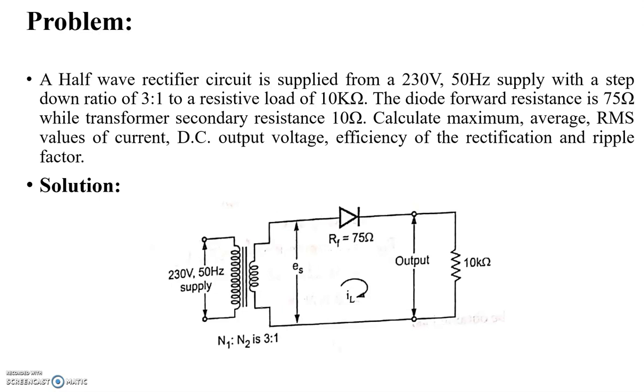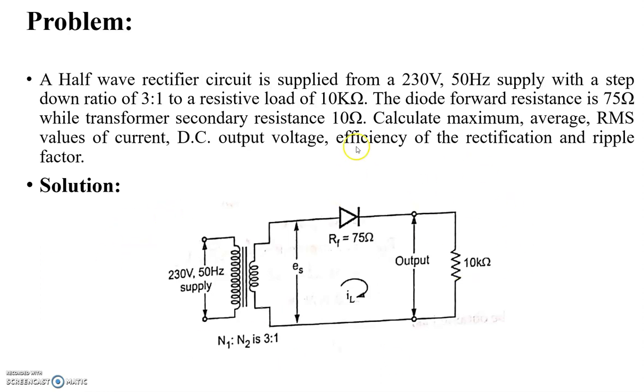The diode forward resistance is 75 ohm, while the transformer secondary resistance is 10 ohm. Calculate the maximum, average, RMS value of the current, DC output voltage, efficiency of the rectification and ripple factor.